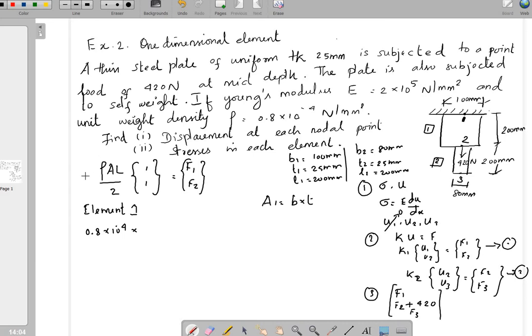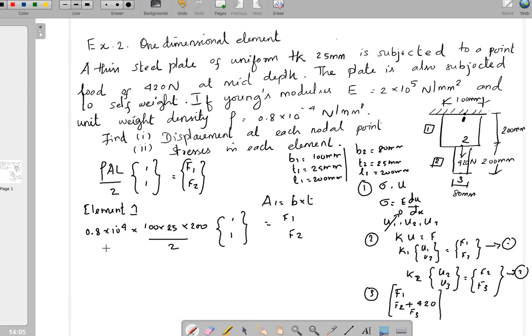With this available data, we can write rho A1 L1 by 2 into the vector 1, 1, which gives the forces F1 and F2.